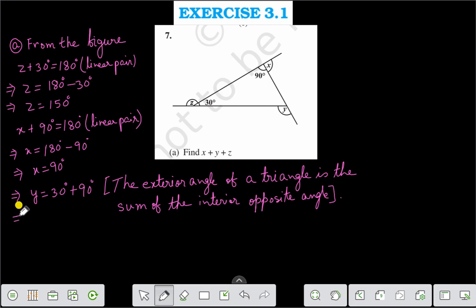Therefore, we are getting y is equal to 90 plus 30, that is 120 degree, right?